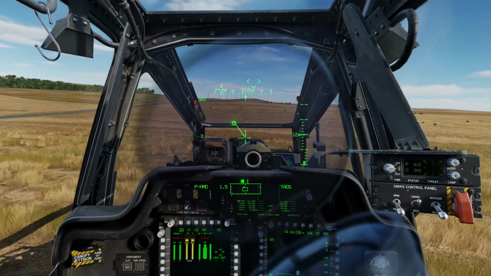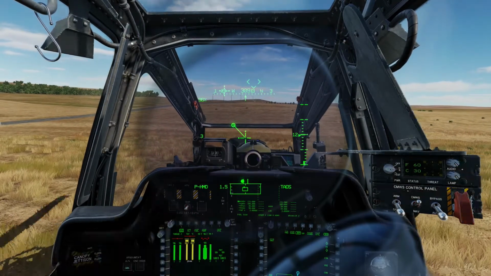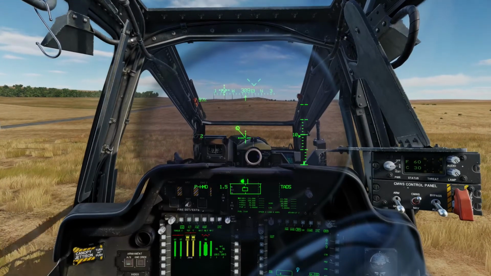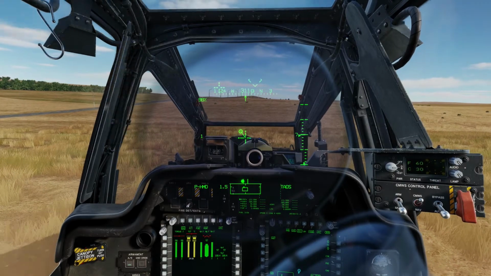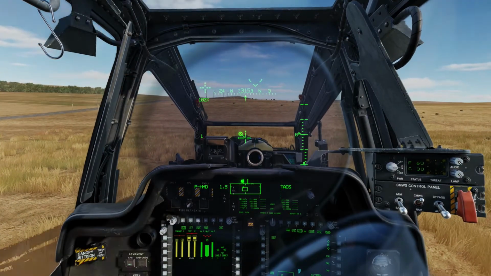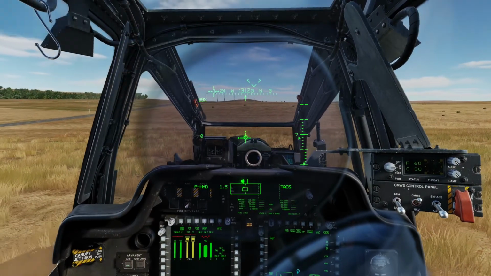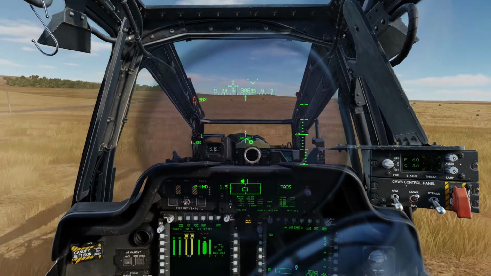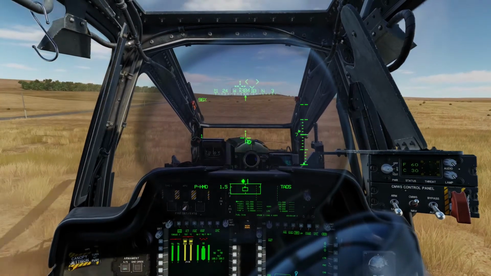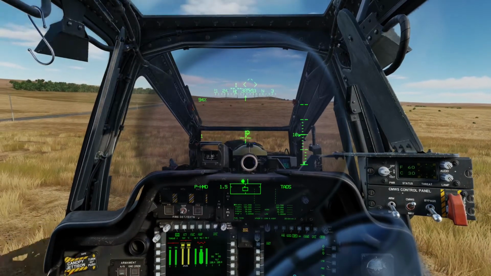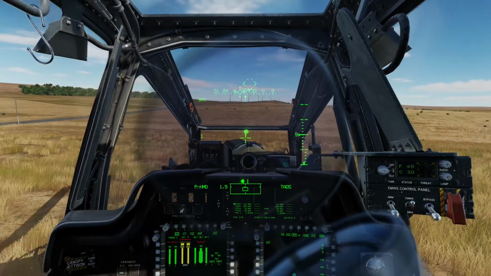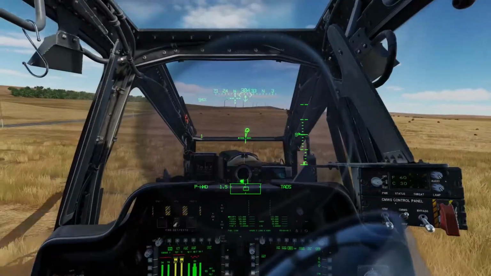And 3%. Still can't get above 12 feet. And we're at 97% and the rotors are slowing down. Rotor RPM low. So right now, we are in a ground effect hover at about 10 feet off the ground, at about 95% torque, 6,000 feet above sea level.